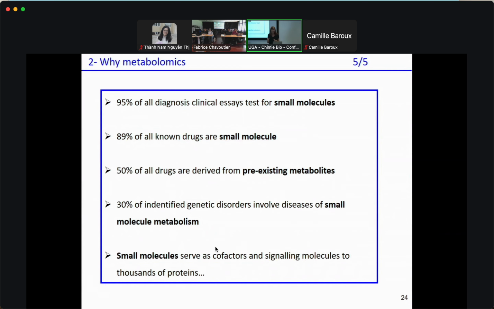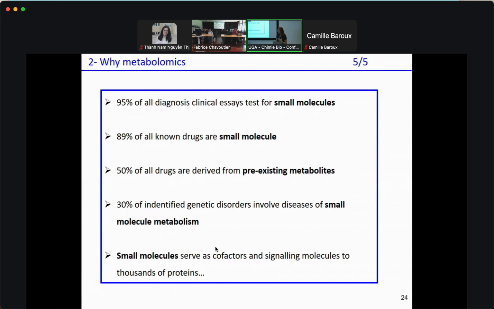So these small molecules are fundamental in life, in medicine, and in pharmacology. This first part was to convince you that small molecules are important in biology, biochemistry, and in life.